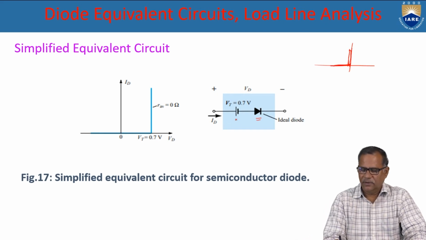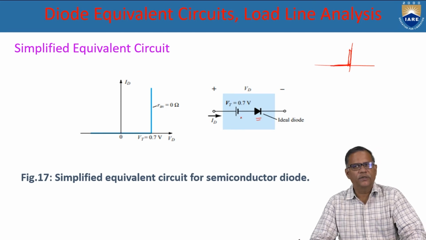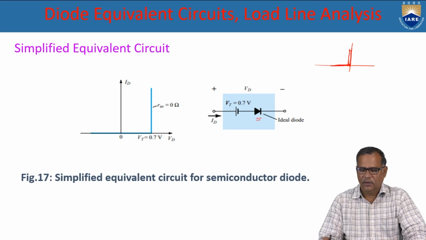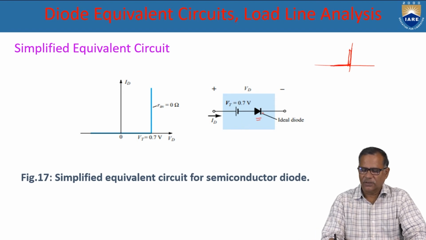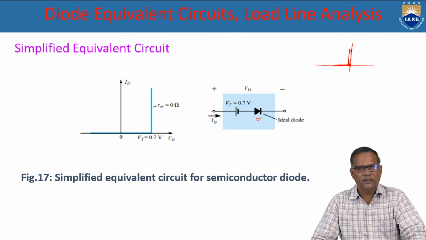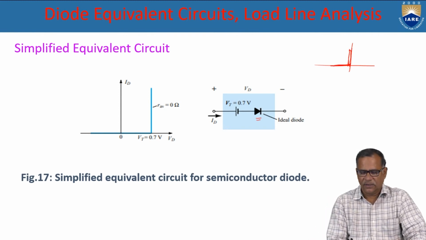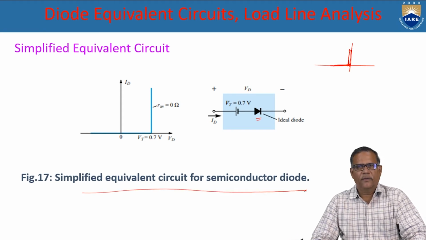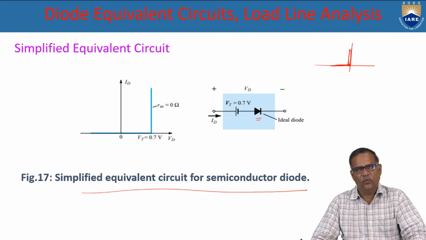So the practical diode can be represented using this circuit, where a 0.7 volt voltage source is in series with the ideal diode. For the current to pass through the diode, we have to apply a voltage which is more than 0.7 volts. So this is the circuit for the semiconductor diode which has some cut-in voltage.